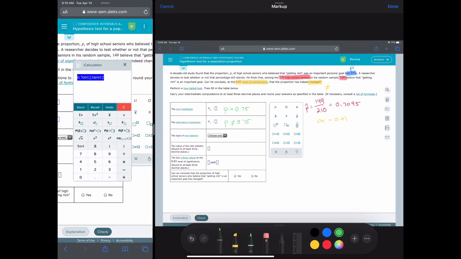So we are going to use what they call the Z statistic. Since we are looking at the Z statistic, we are doing a normal curve. Basically that's where our level of significance comes in. It's 0.01, so 0.01 means like a 99% confidence level. So we want to know, with 99% confidence, is it going to change if we ask everybody?